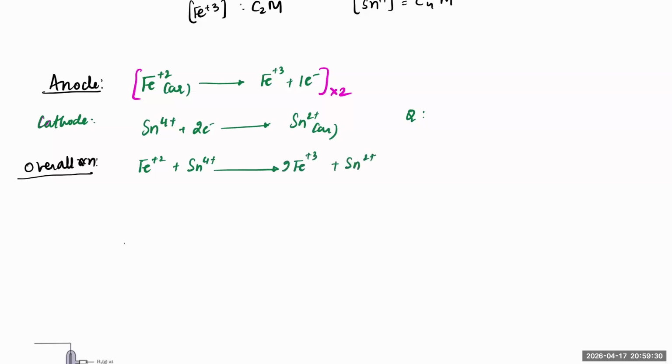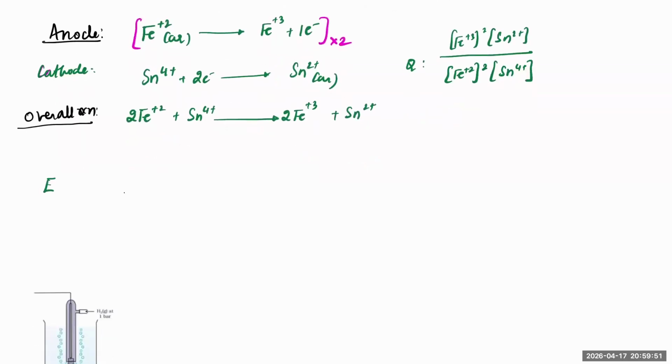Because you have multiplied with 2, this 2 will be applied here. So Q will be equal to Fe plus 3 concentration whole square into Sn2 plus concentration upon Fe plus 2 concentration whole square into Sn4 plus concentration. This is about Q. And E cell will become E naught cell minus 0.0591 by 2 electrons, log of this Q.